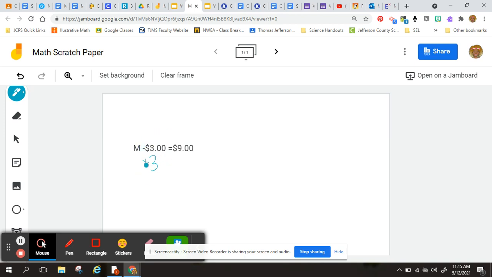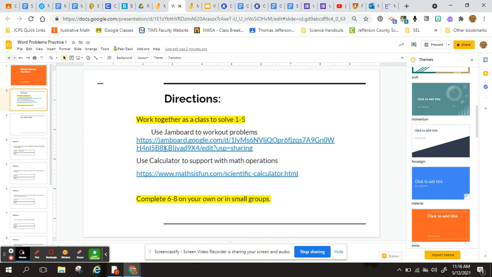When you have a negative and a positive, they cancel each other out. This actually becomes 0 on this side. Remember, whatever we do to one side of the equal sign, we have to also do to the other side of the equal sign. So we're going to add $3 over here. And if I don't know what 9 plus 3 is, I am going to go to my calculator tool, which is here on the slide.